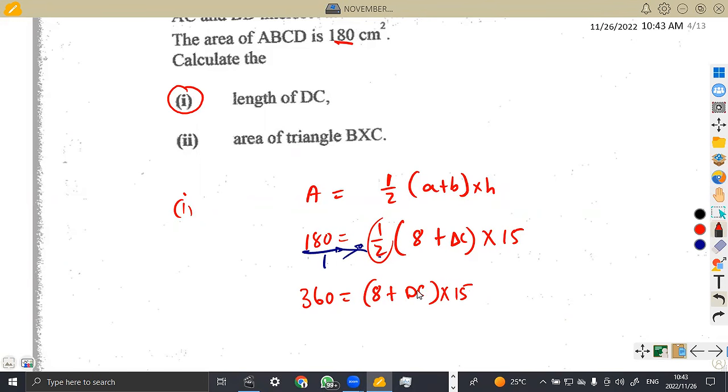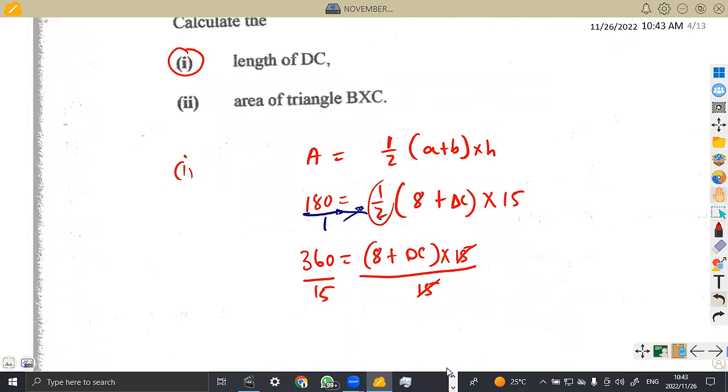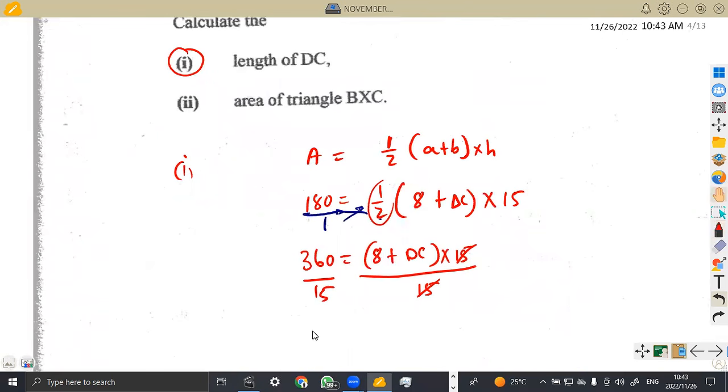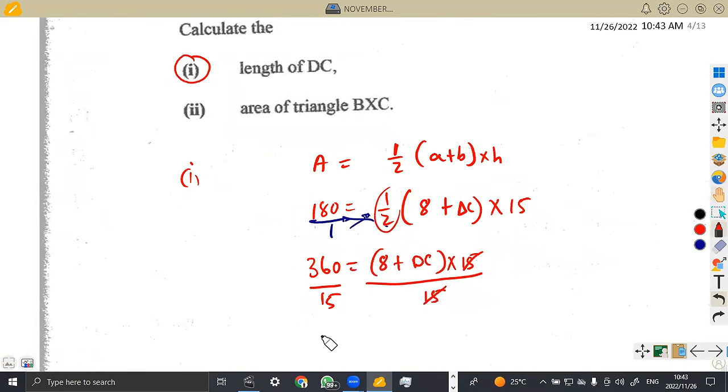How do you remove the 15? Yes, you can expand the brackets if you want, or you can just divide by 15. So the moment you divide by 15, that means we've got 360 divided by 15. That is 24. So 24 here is going to be equivalent to 8 plus DC, because we no longer have 15.